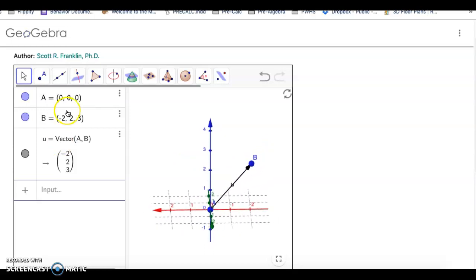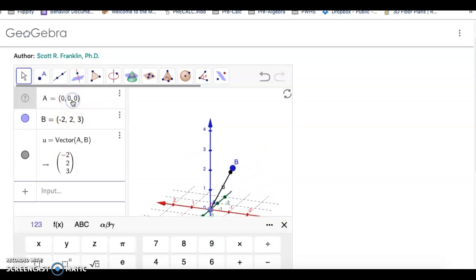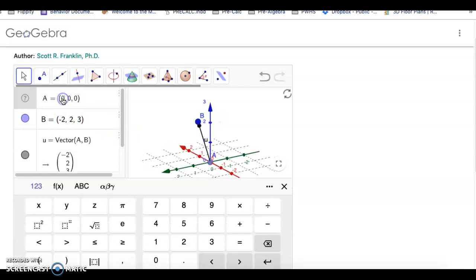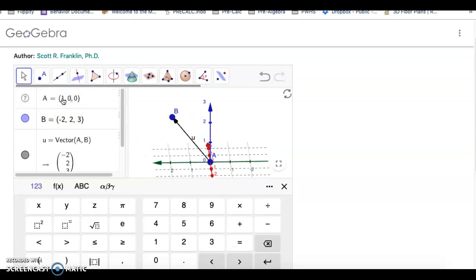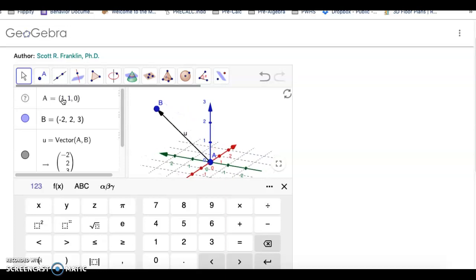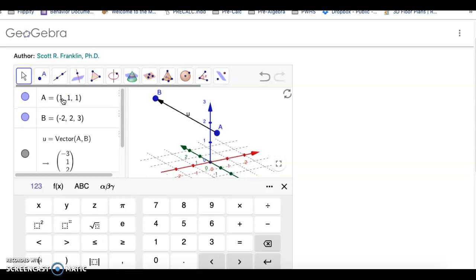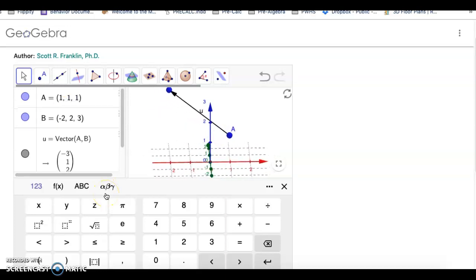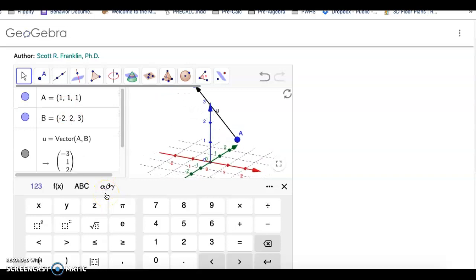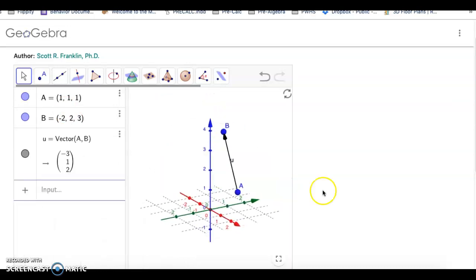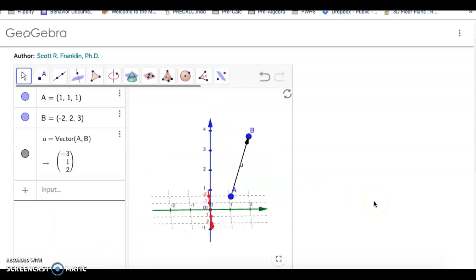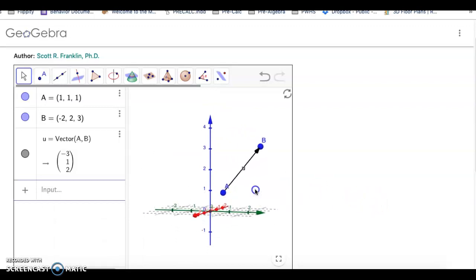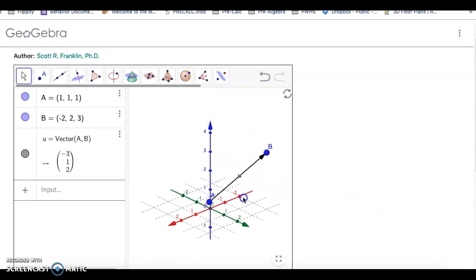And we can switch this around. We can rotate for a while, but let's go ahead and change A and see what that looks like. Let's make this 1, 1, and 1. And notice how it shifts it up. Let's get rid of that. Now we are completely above that plane.